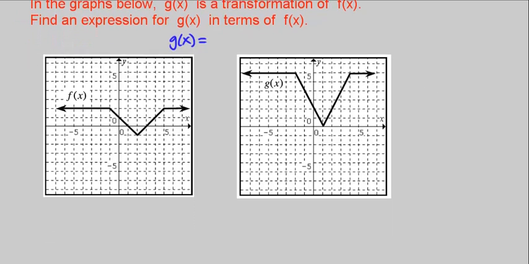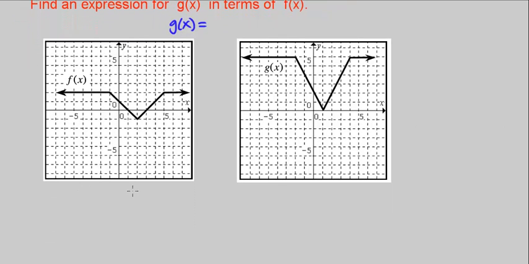Well, one way to look at this problem is to look at the different types of transformations we know and to see which ones the graph has gone through. So the best way to do this is to look at reflections, right? This can be across the x-axis or the y-axis, vertical stretches, horizontal stretches, shifts.